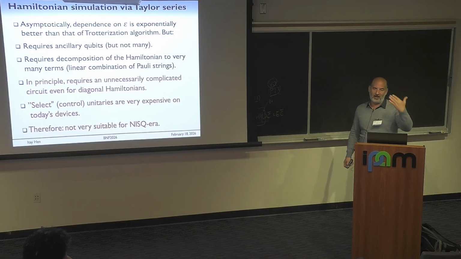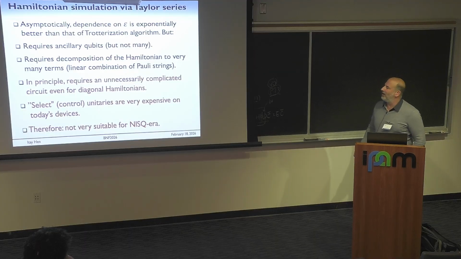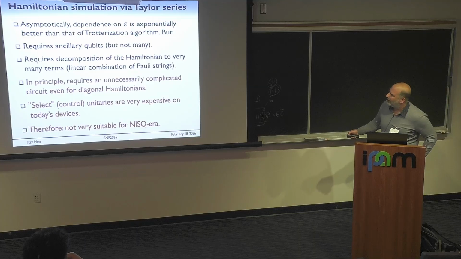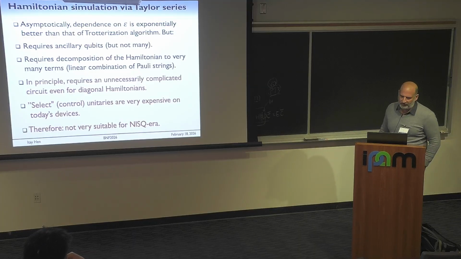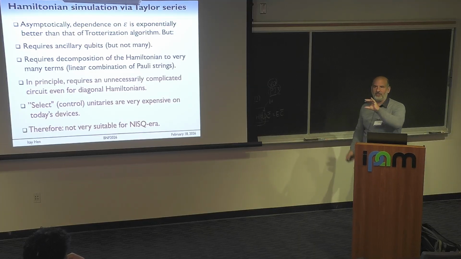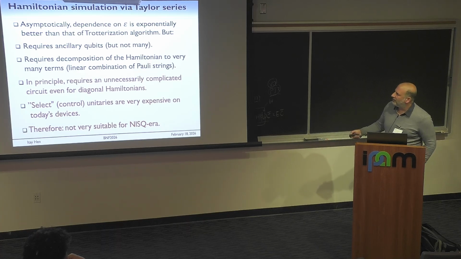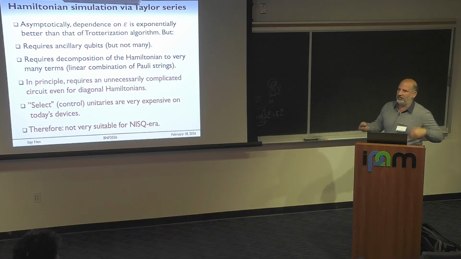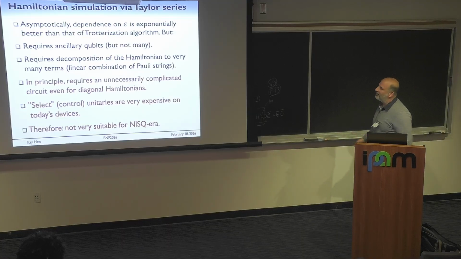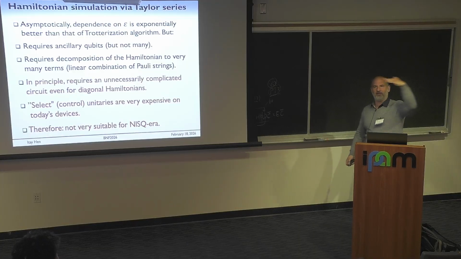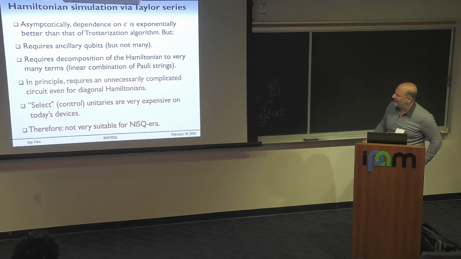But we were asking ourselves, given that, and one other thing which many people present as the actual problem of why not doing it on NISQ, is that, as I mentioned, the unitaries have to be controlled. If you have very long Pauli strings, then writing a unitary that is controlled on various unitaries, essentially you have a line that tells you which unitary to use, and it's controlling which unitary you apply. This is called the select.